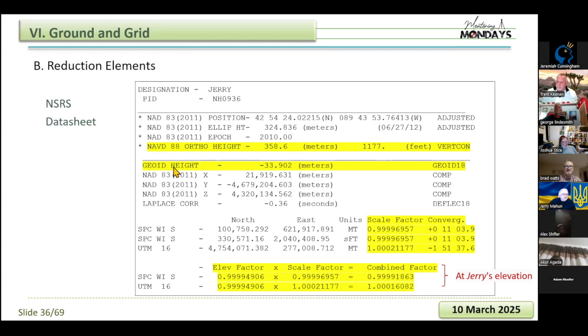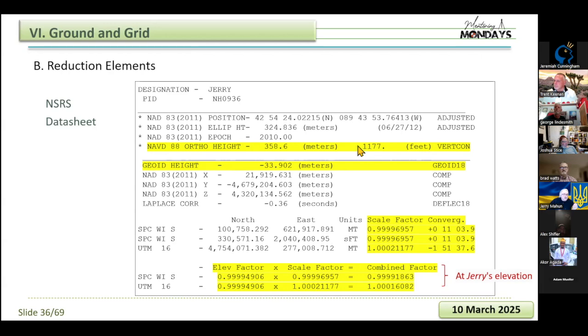If you look down here, you'll see NAVD 88 ortho height, and it shows it to the nearest tenth of a meter and the nearest foot. And at the end here, it says VERTCON. Now, this is not a benchmark, but they do have an elevation in here, but it's an approximate elevation. And it says VERTCON over in here because that's a program called vertical conversion.